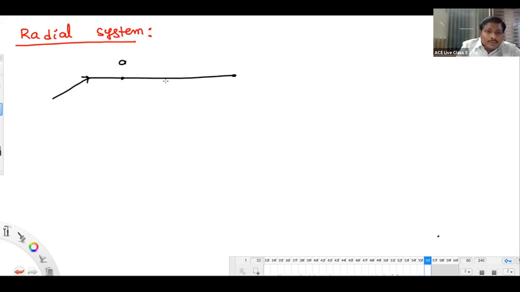At various locations, we will have the load tappings, and these currents are I1, I2, I3, I4.